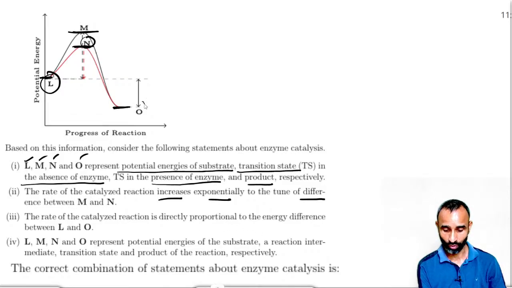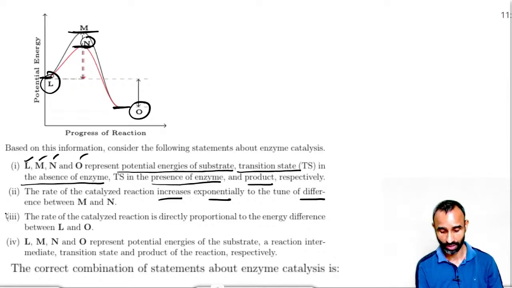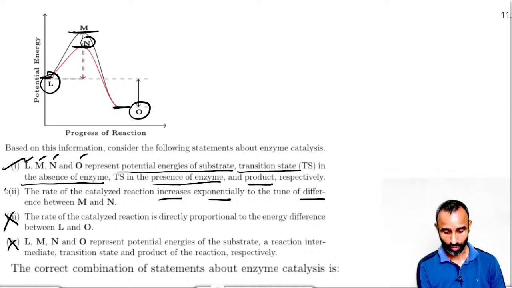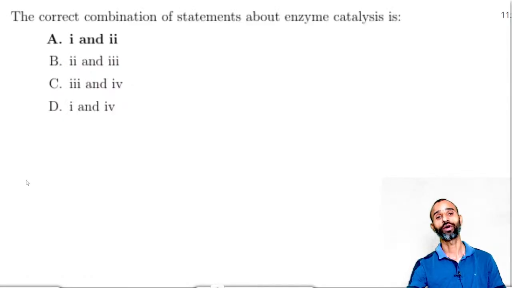L and O energy difference does not change by using the catalyst, it remains same. So only 1 and 2, these options are correct. So that's all for chemical kinetics. Thank you so much. Next session will be of equilibrium, that I will let you know when it starts.